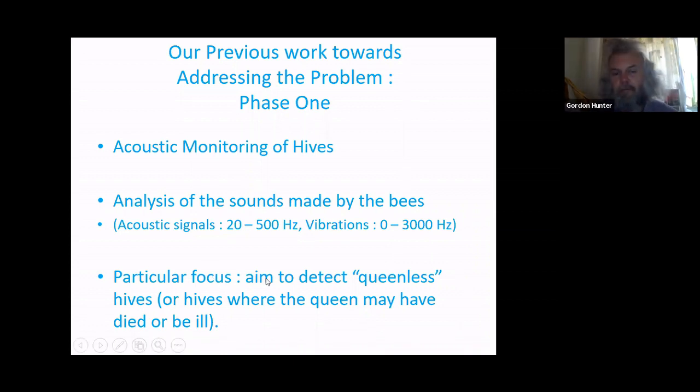The particular focus of our first phase was to try and detect whether a hive had a healthy queen in it or not. So the hive may have had a queen that died or was just not thriving, or it may have had a healthy queen.